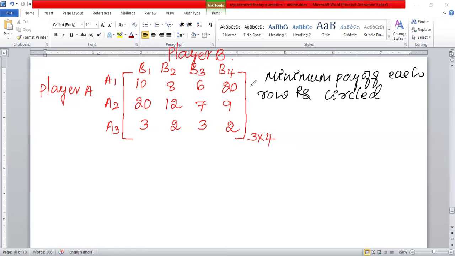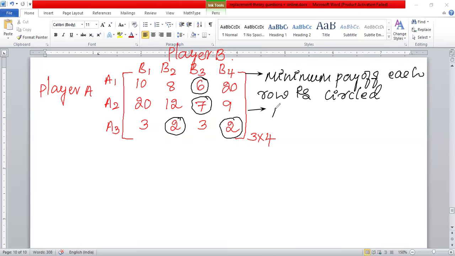Which is the minimum number in each row, we're going to circle it. First row 10, 8, 6, 20, so 6 is circled. Second row 12, 20, 7, 9, minimum is 7. And then 3, 2, 3, 2, minimum is 2. Two times, you're going to circle it.